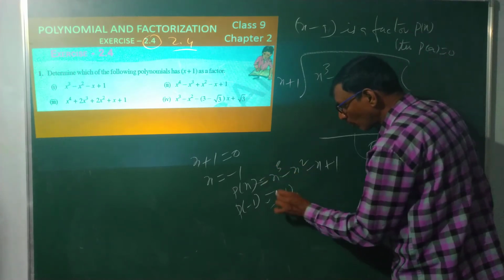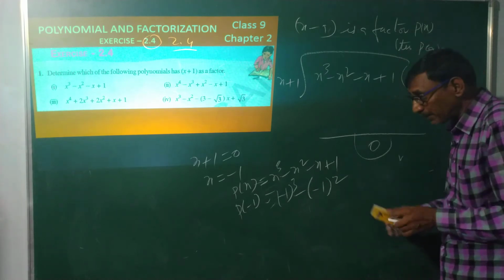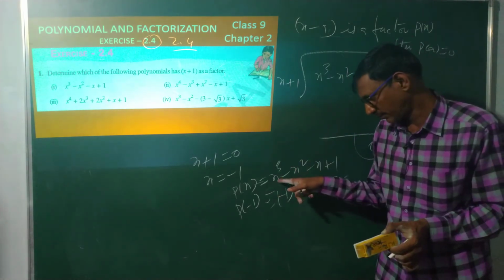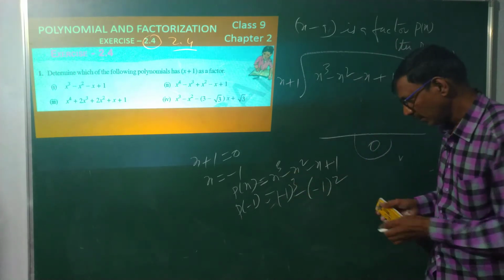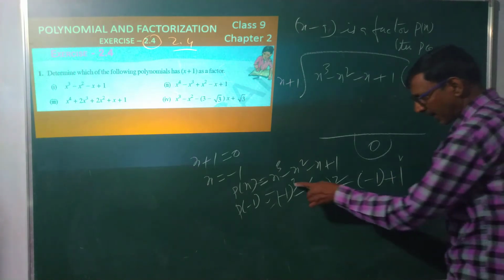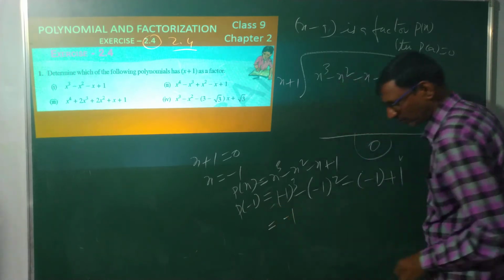I would like to take P of minus 1. So minus 1 whole cube minus of minus 1 whole square, minus of minus 1, plus 1. That means in place of x I am taking minus 1. Minus 1 whole cube is nothing but minus 1. Very good.